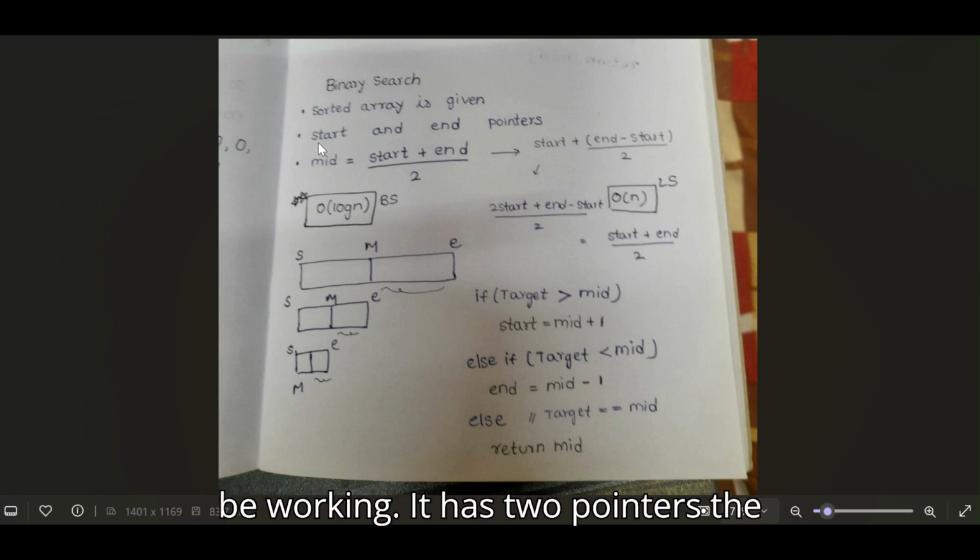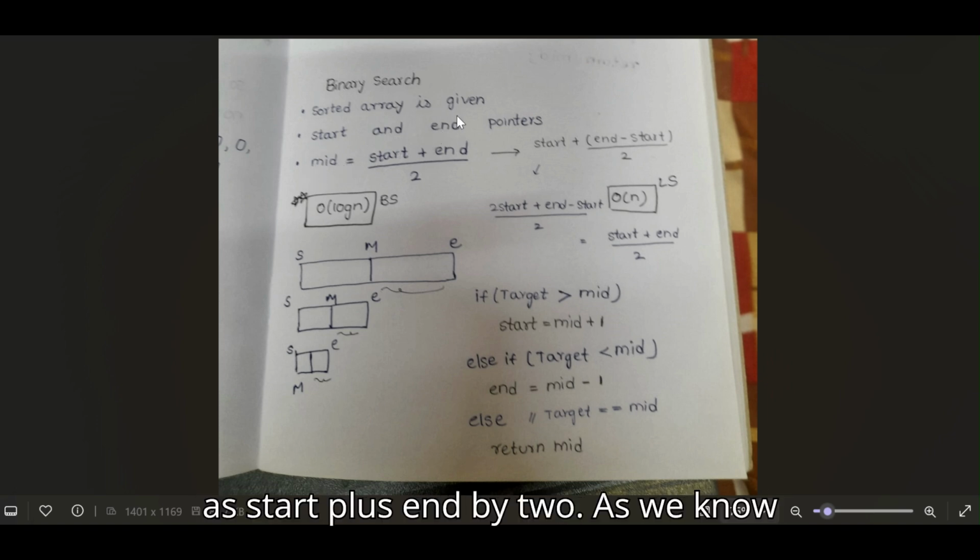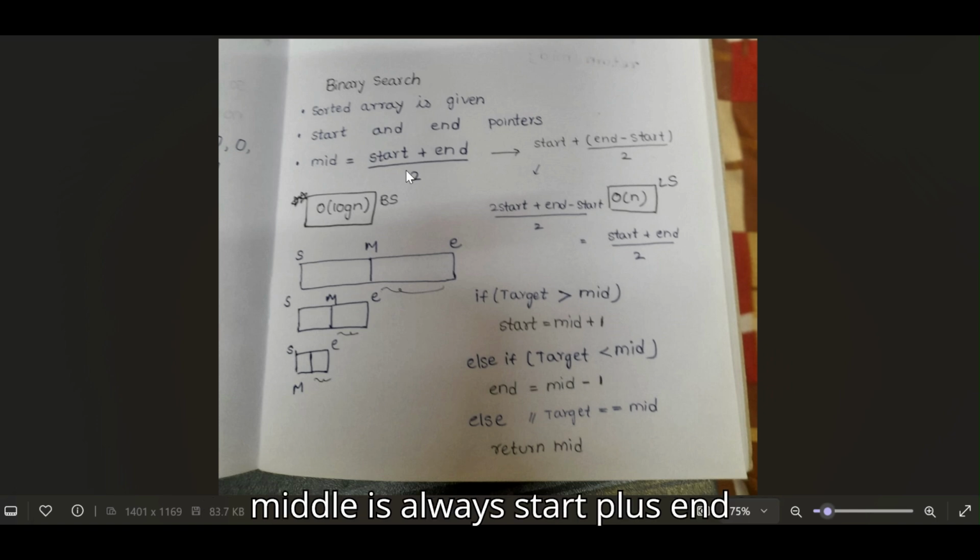It has two pointers, the start and end pointer. We take the mid as start plus end by 2, as we know the middle is always start plus end by 2. But when we initialize int mid as start plus end by 2, this may exceed the range of int.